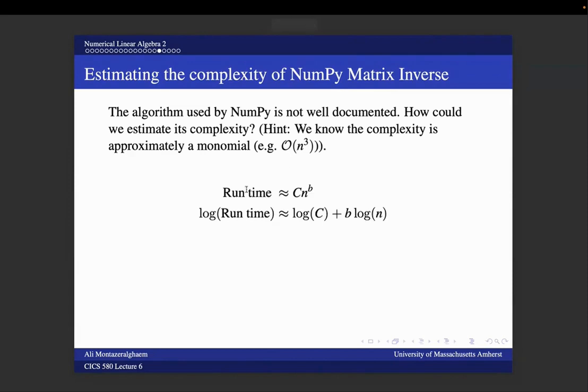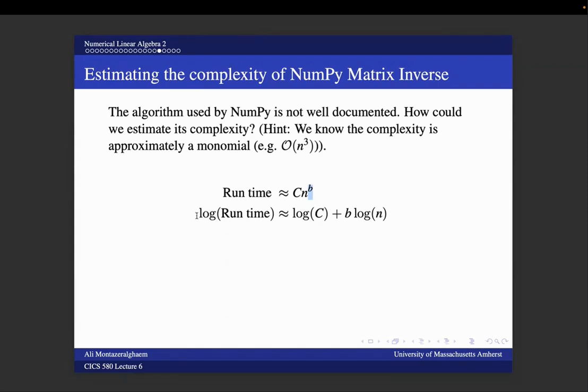So the runtime is almost estimated by c times n to the power of b, right? If the runtime of NumPy is like this, we want to find the value of b, because if we know b, we can show the complexity of NumPy for finding the inverse of the matrix.